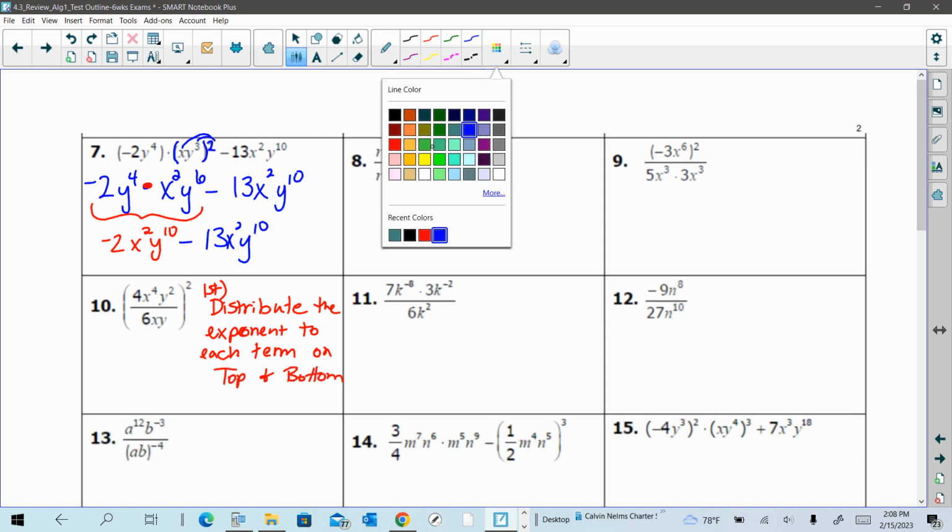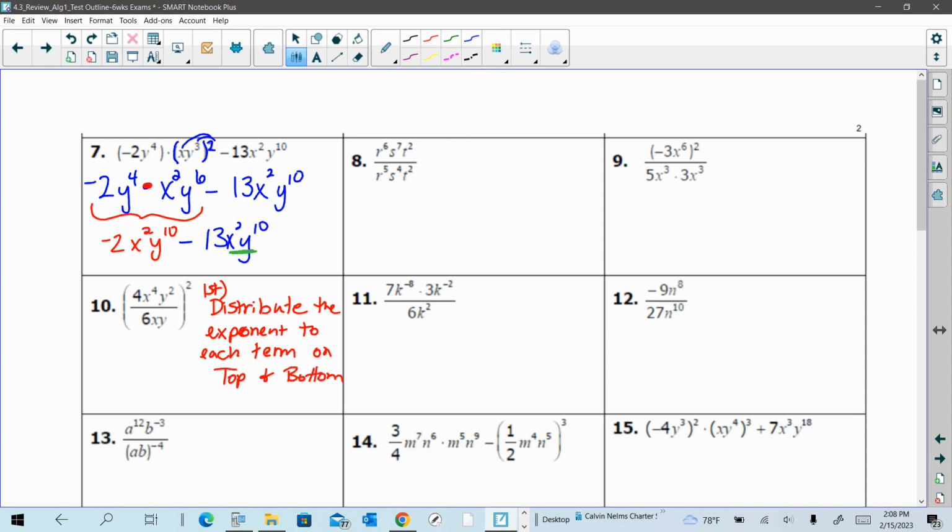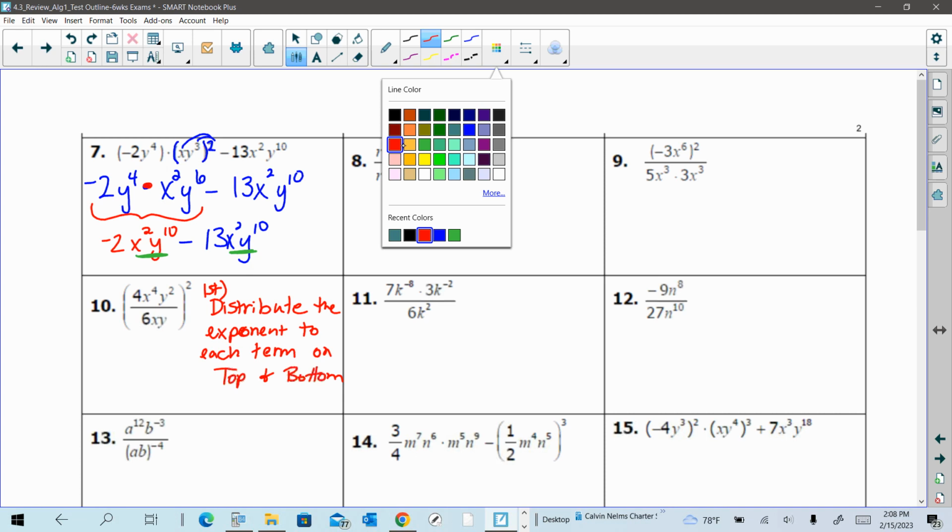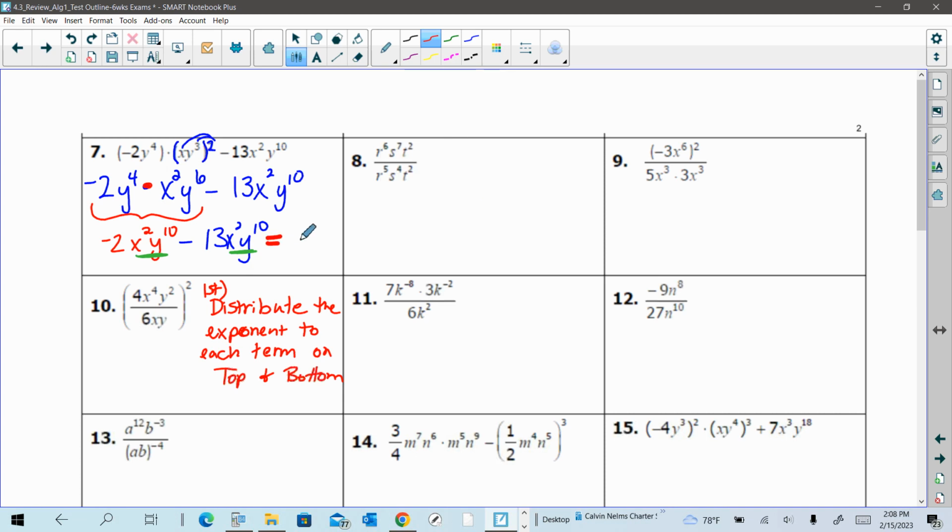So hopefully I'm getting you to see that this x squared y to the 10th, x squared y to the 10th, those are like terms. So this is going to result in the answer negative 15x to the 2nd power y to the 10th. I know I kind of ran out of room there, but just check your understanding on there.